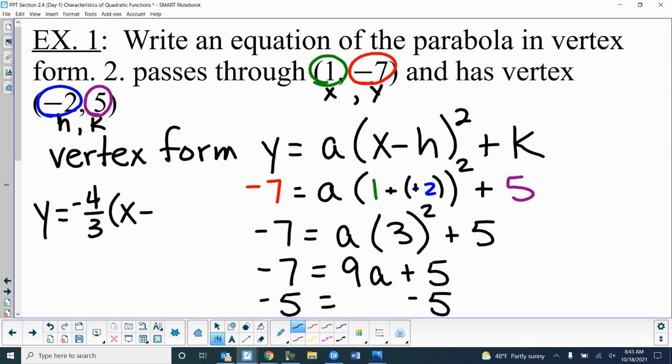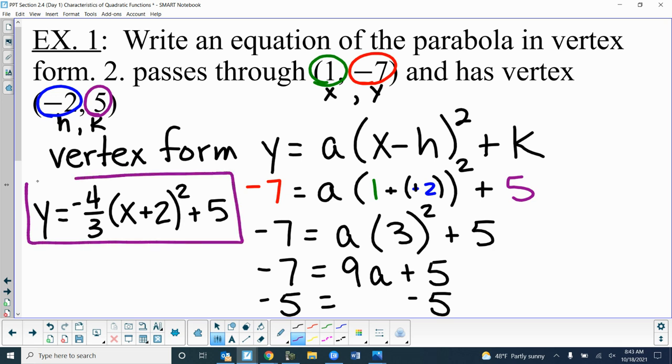We did it as we were solving it. It actually becomes x plus 2 squared plus 5. That is the equation of that quadratic, or of the parabola, however you want to call it, that has a vertex of negative 2, 5, and passes through 1, negative 7.